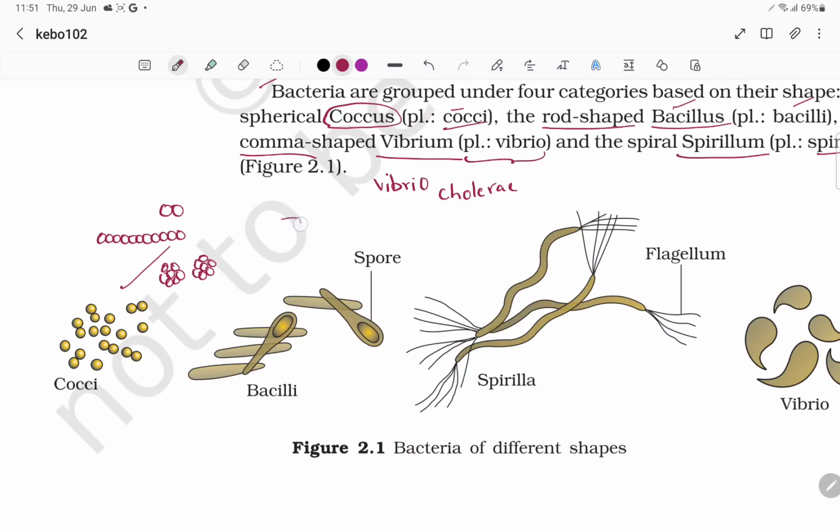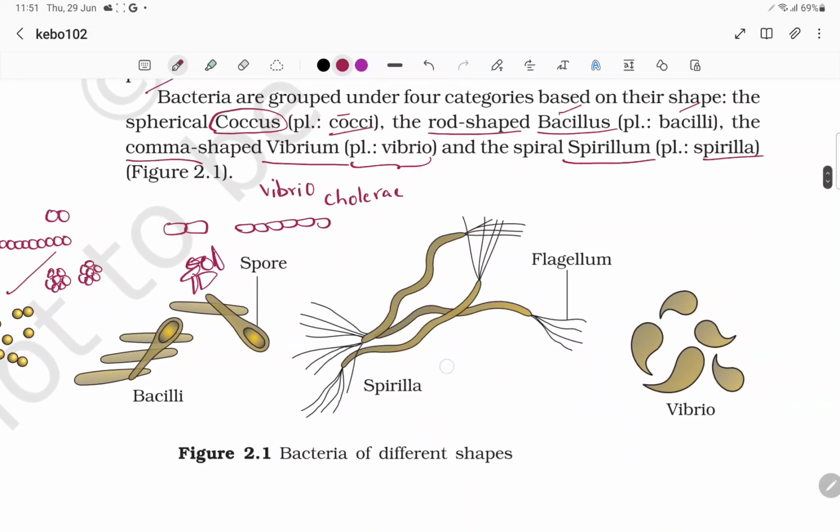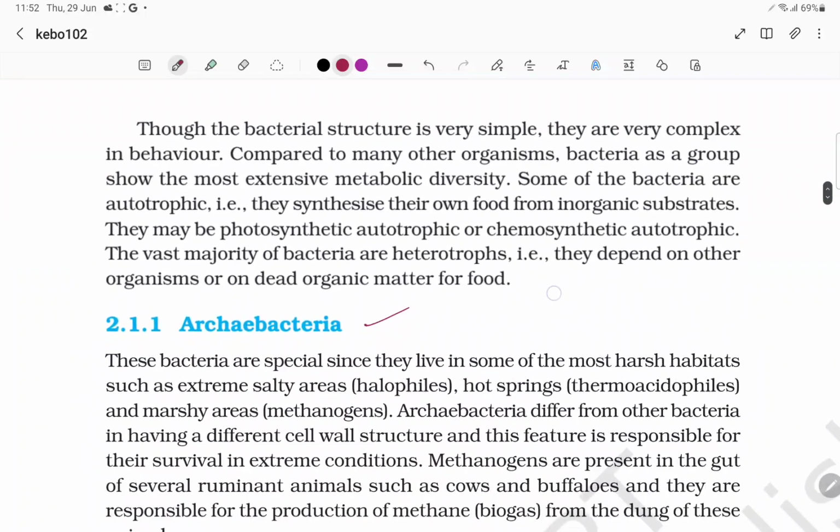If two bacilli are combined, we call it diplobacilli. If they are in a chain-like arrangement, streptobacilli. And if arranged like a bunch, staphylobacilli. And this is the spirillum, in plural spirilla. And this is Vibrio, comma shaped. Vibrium is the singular, Vibrio is plural. Vibrio cholerae forms cholera.